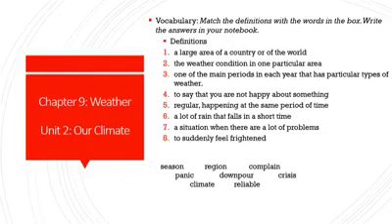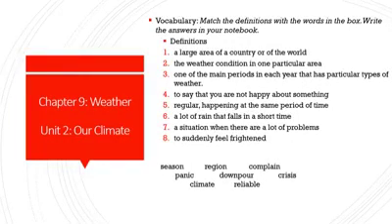Number 3, one of the main periods in each year that has particular types of weather. So this is called season. Season. Number 4, to say that you are not happy about something. So when you say that, it means that you complain. So you complain about service, you complain about the poor service.